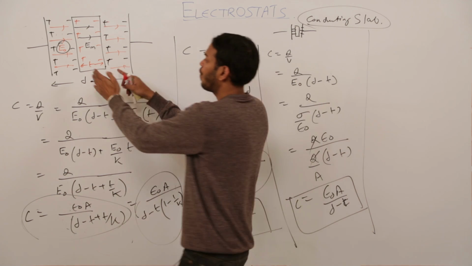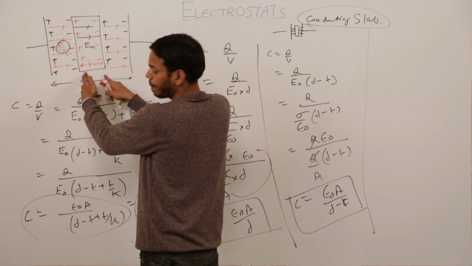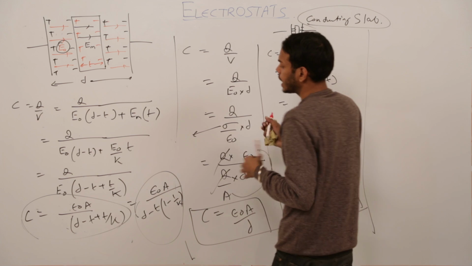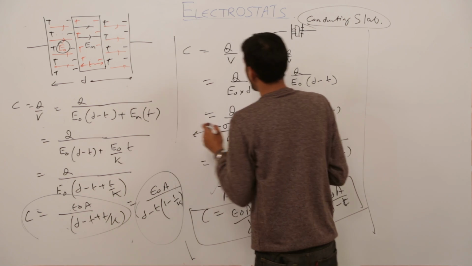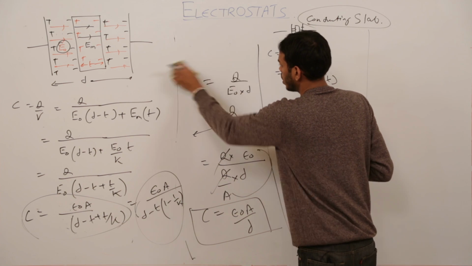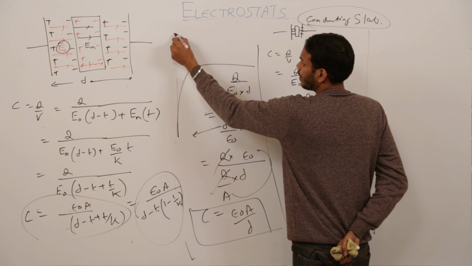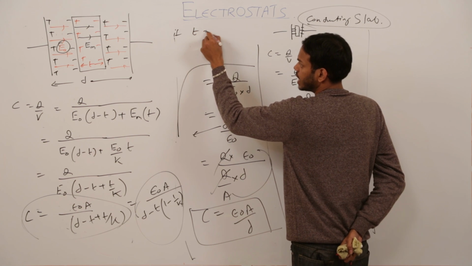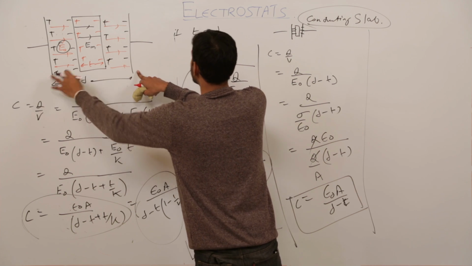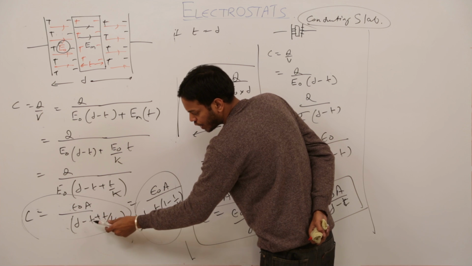Simply fill the entire space between the plates by the dielectric slab, or in case of conducting slab, fill the entire space. So what I mean numerically is, I'm rubbing this stuff. If you have noted it down, that will give me space. If t is equal to d, if this slab completely fills the space, what happens to the equation?